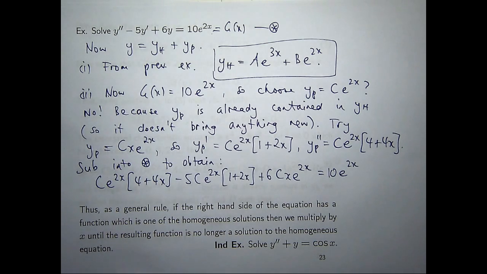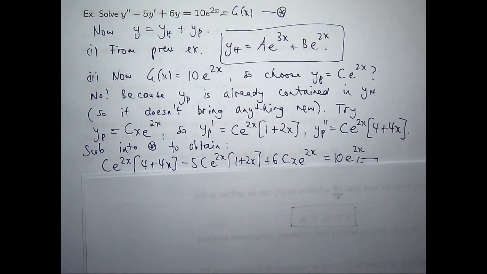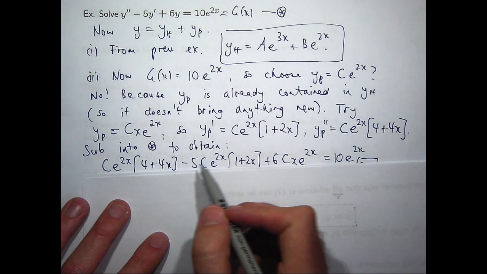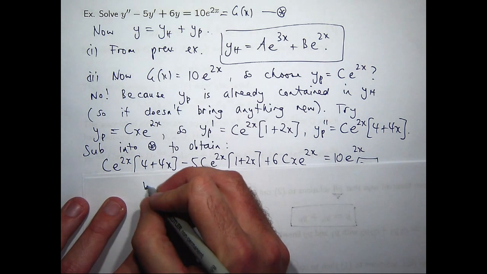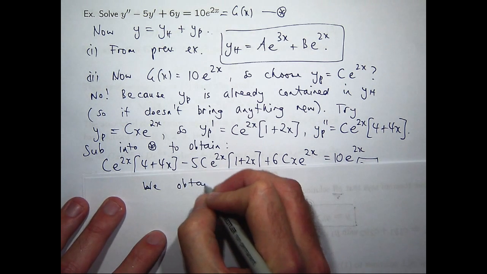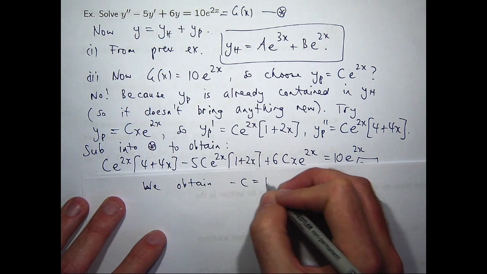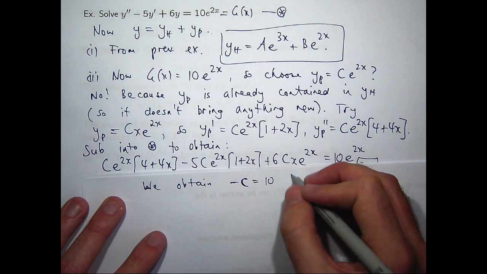So a little bit of algebra is required, and x times e to the 2x will all cancel out when you expand that. So we're going to get 4c minus 5c is going to be something like, yeah, minus c equals 10, right? Just by equating the coefficients.